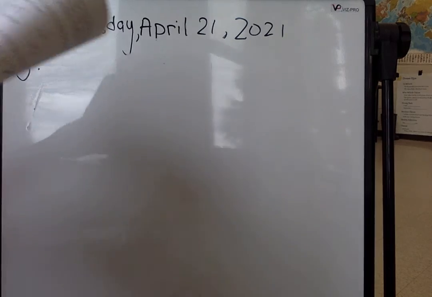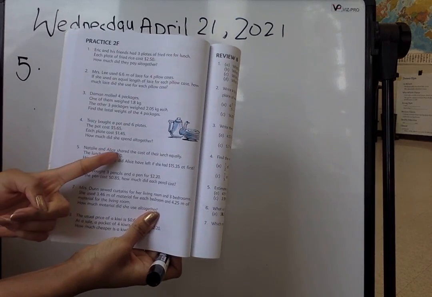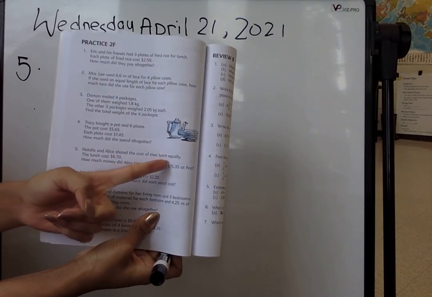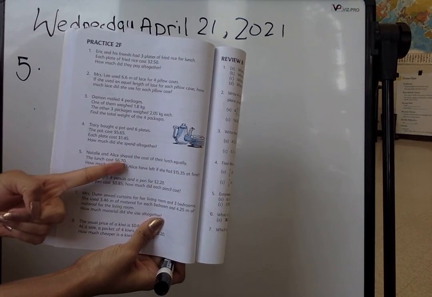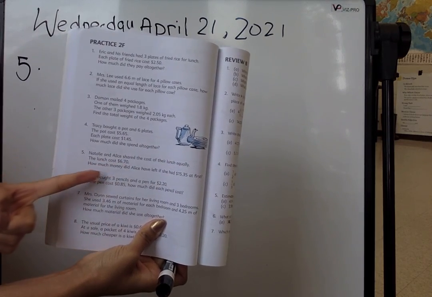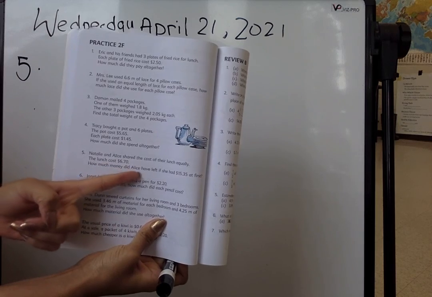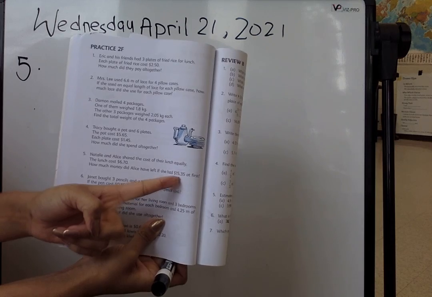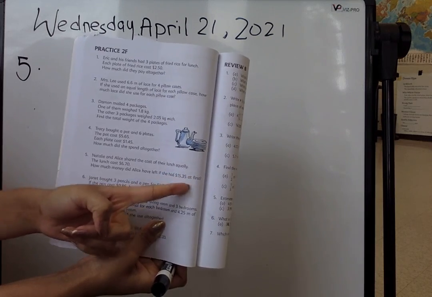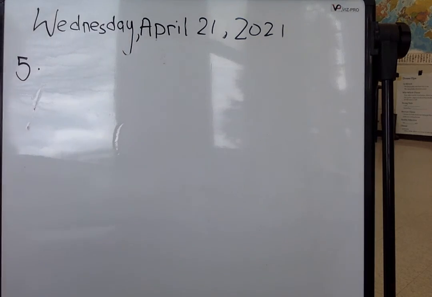Question 5 says, Natalie and Alice shared the cost of their lunch equally. The lunch cost $6.70. How much money did Alice have left if she had $15.35 at first? Okay, so let's go ahead, and we know two people paid how much?